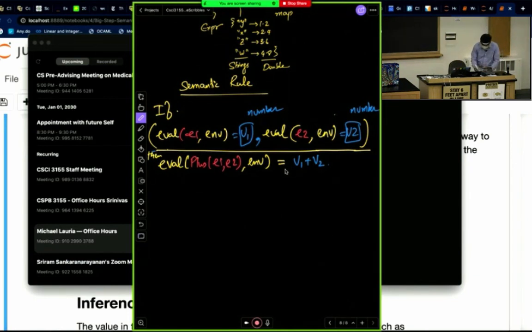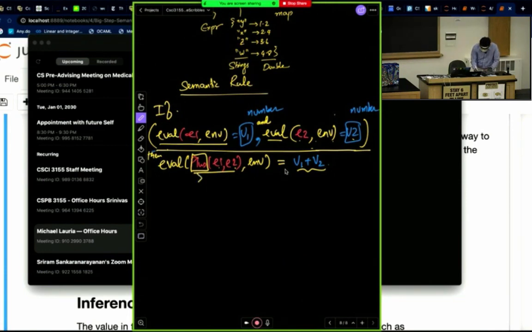So it says, if I can evaluate E1 under an environment and I get a number V1, and I evaluate E2 under an environment and I get a number V2, then if I evaluate the constructor plus applied to E1, E2, I get V1 plus V2.